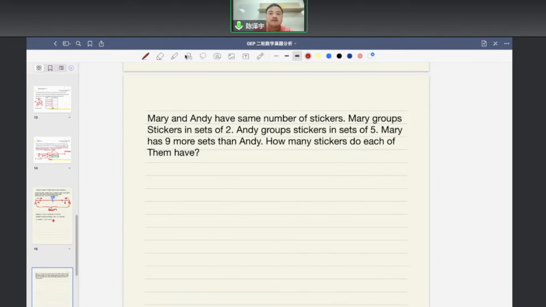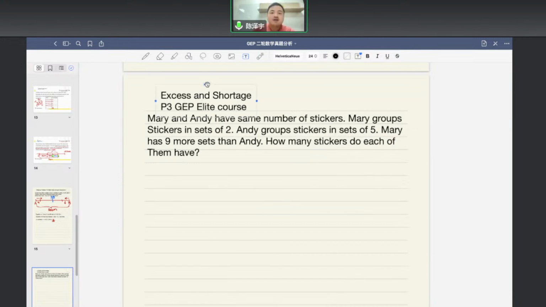Okay, so for this one, if you look carefully, it can be an excess and shortage question, which we actually go through in our P3 GEP elite program, elite course.